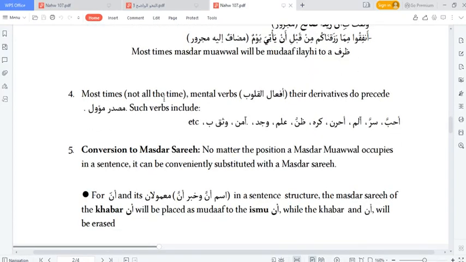So most times, not all the time, mental verbs, meaning af'alul qulub, verbs that you can only perceive in your mind. You can't see them physically, or touch them physically, or it can't be done physically.